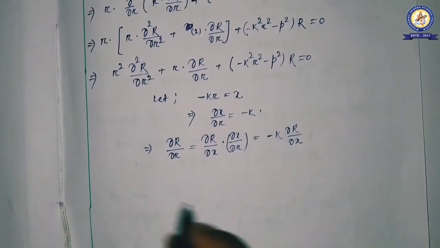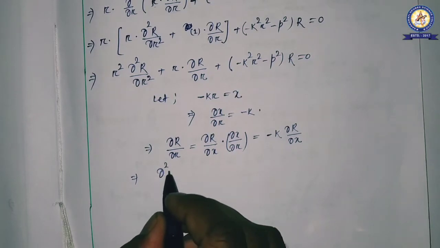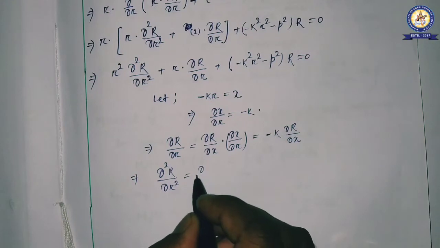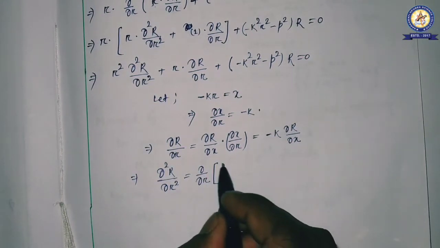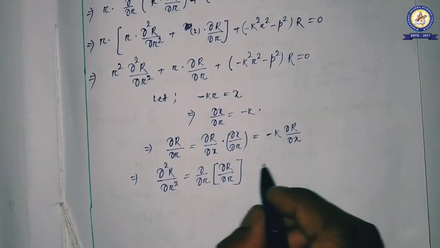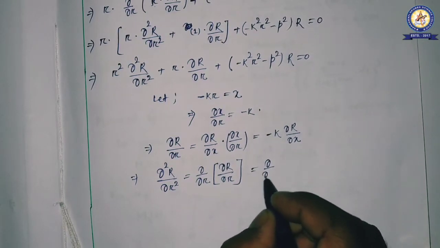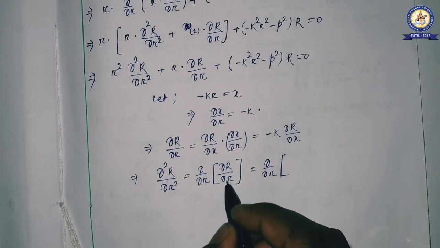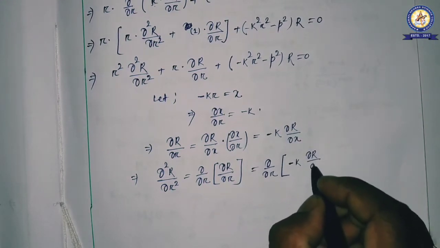Simple. Then here del square R by del r square is nothing but del by del r of del R by del r, or we can write del by del r of minus k del R by del x.